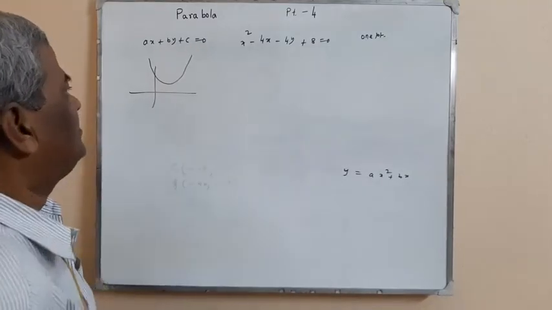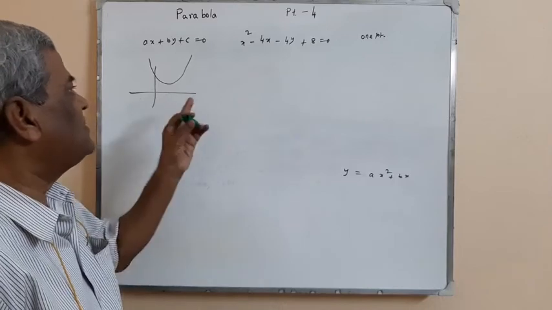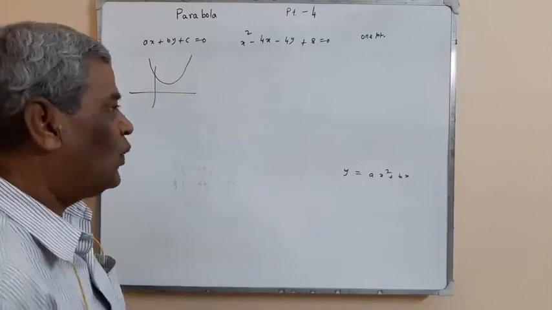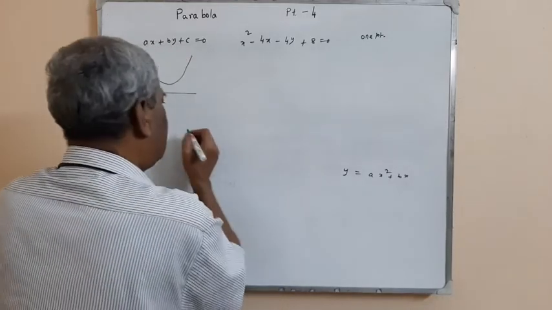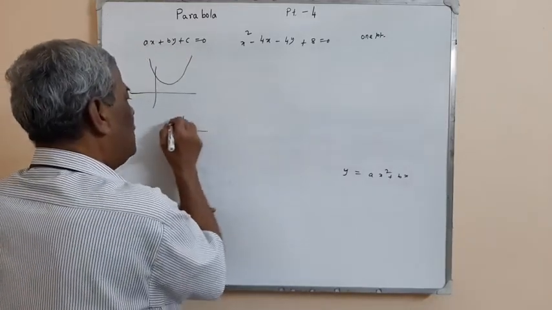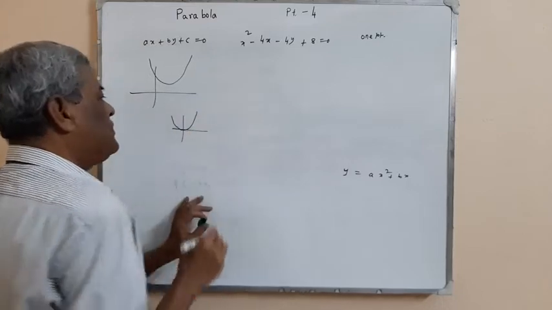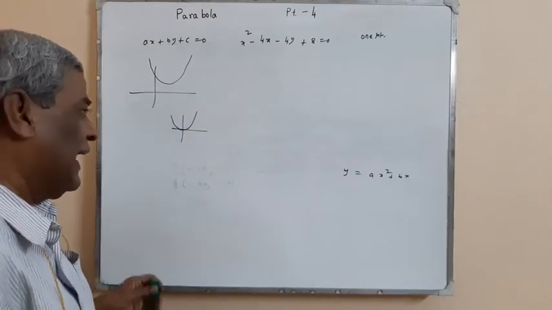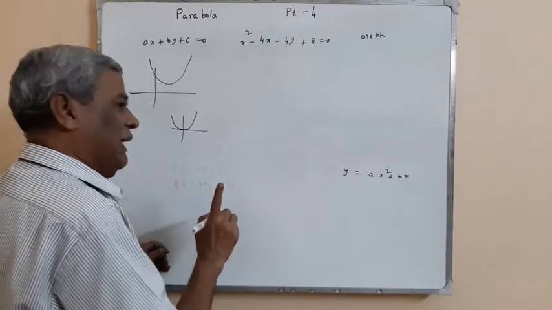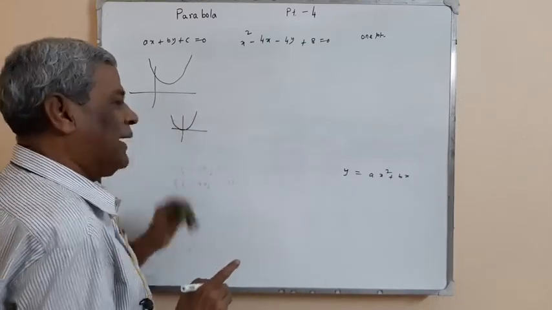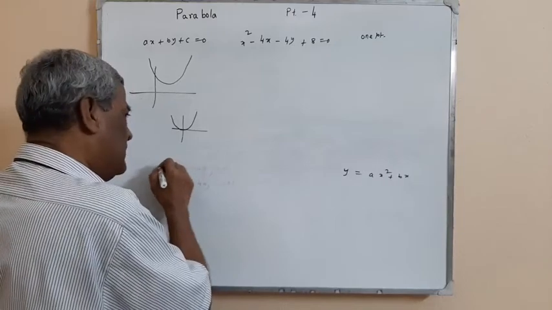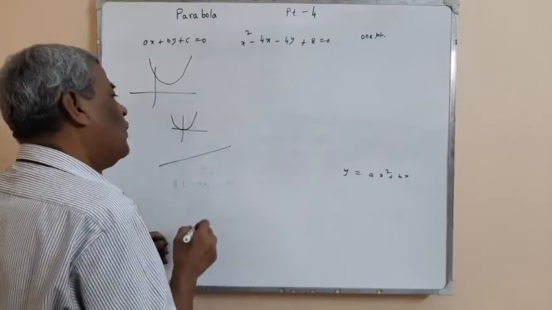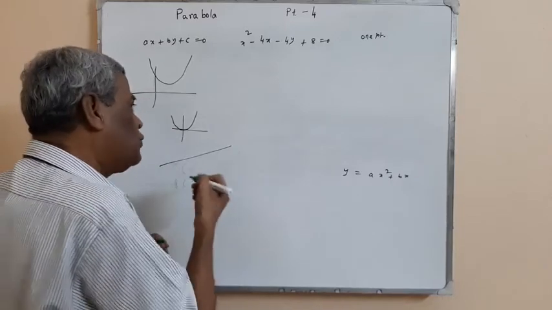Of that type, the axis is parallel to the y axis. Now I told you that for a parabola in standard form, any straight line may meet the parabola at no point, at one point, or at 2 points.